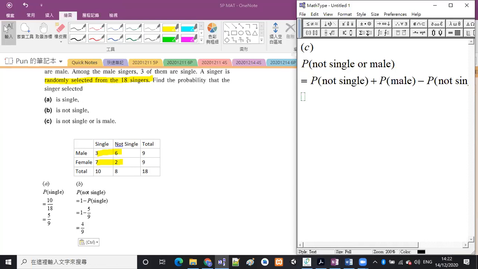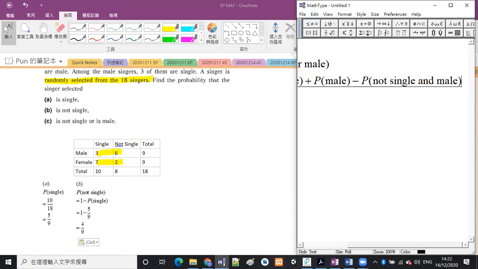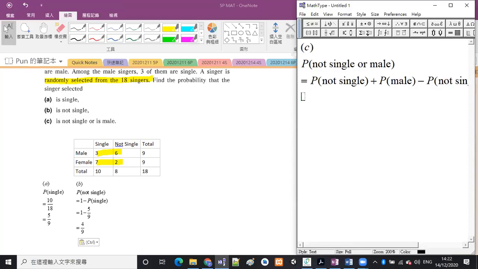Is there a singer who is both not single and male? Will it be 0 again? This time it is not 0, it is possible. OK, male and not single. How many are there? Are there 6? Do you see them? OK, so it will be fraction plus fraction minus fraction, and all of them will have the denominator equal to 18.